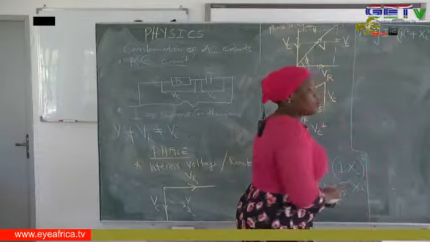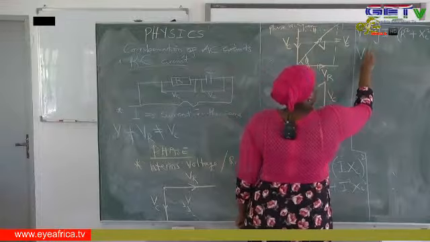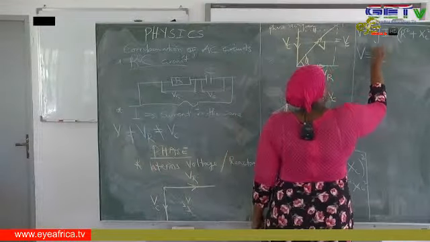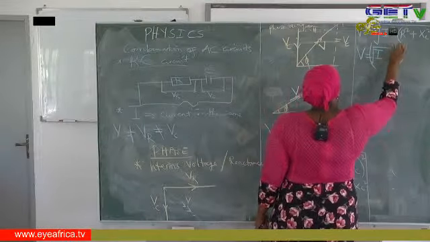And the root of I squared will be I. So let me just simplify it because of the slow learners I have here.